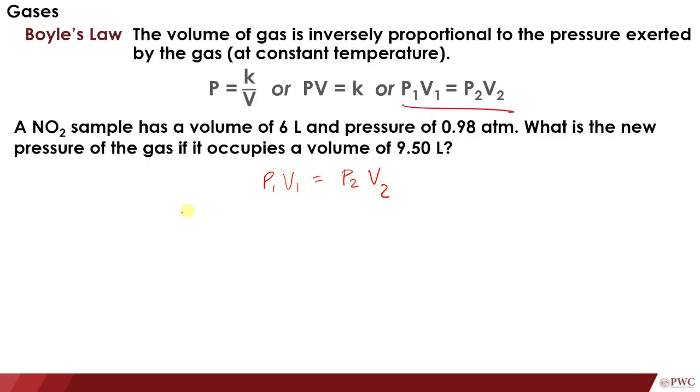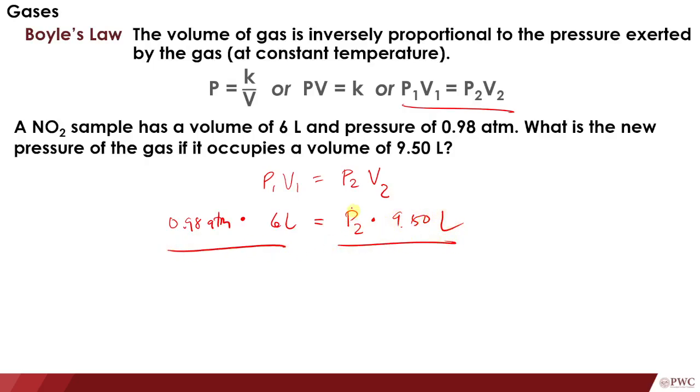Here the initial pressure is equal to 0.98 atmospheres, and the initial volume is equal to 6 liters. Then the final pressure is unknown, so you have P2, and the final volume is equal to 9.50 liters.